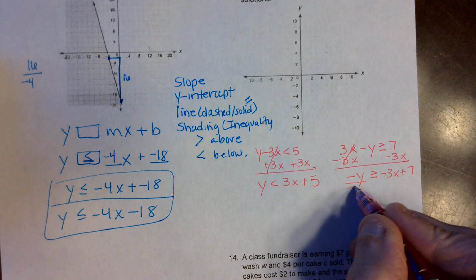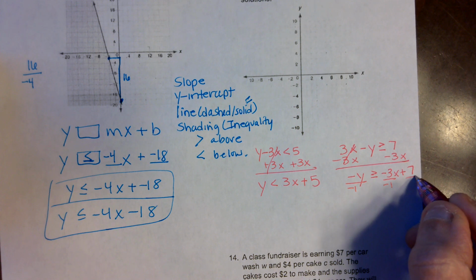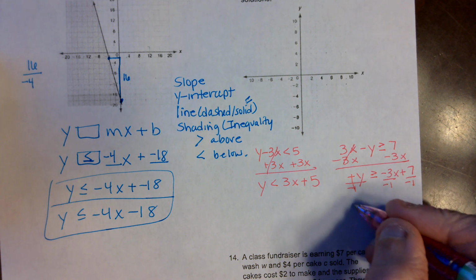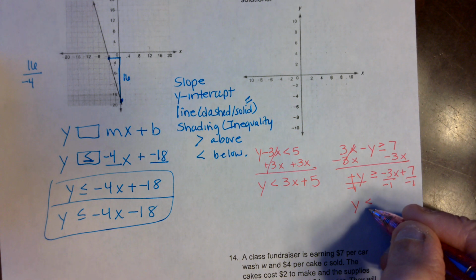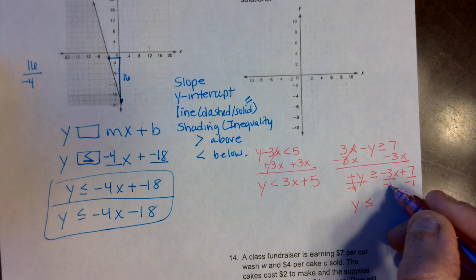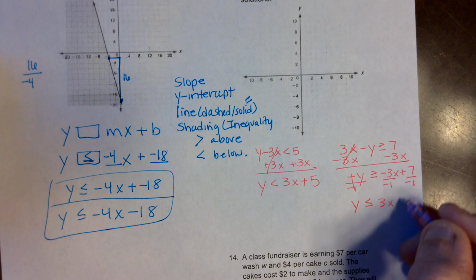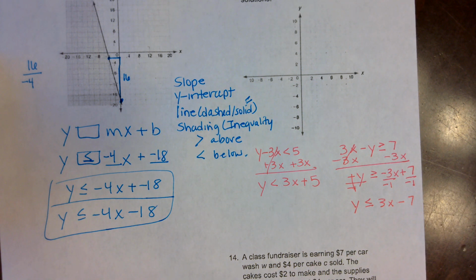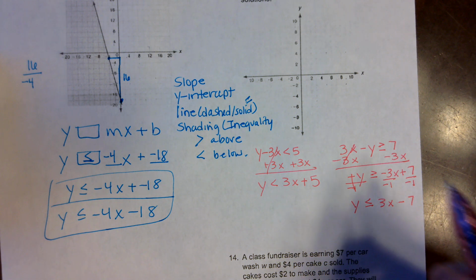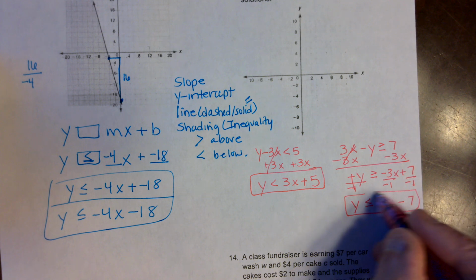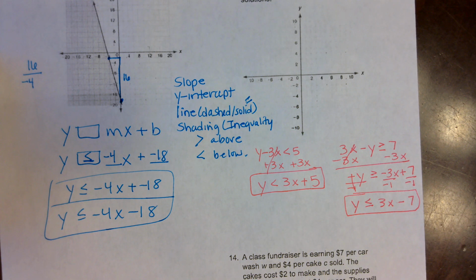So I'm dividing by a negative 1 on everything, which makes this flip directions. So y is less than or equal to, negative over negative is a 3x minus 7. Tricky, tricky, tricky. Don't get tricked. So now we've got them easy to graph.